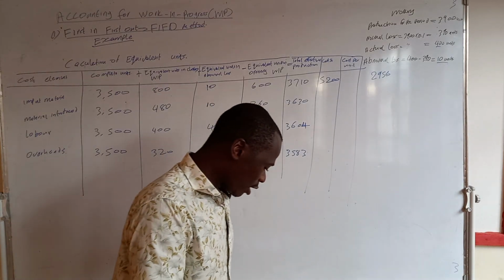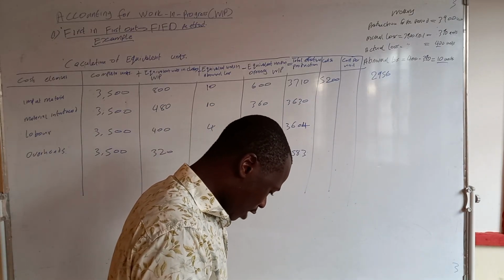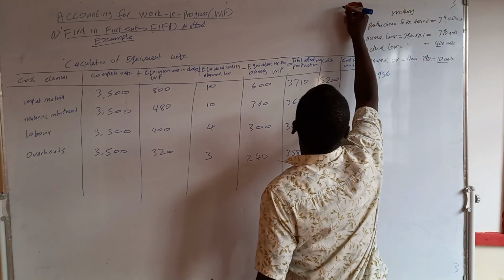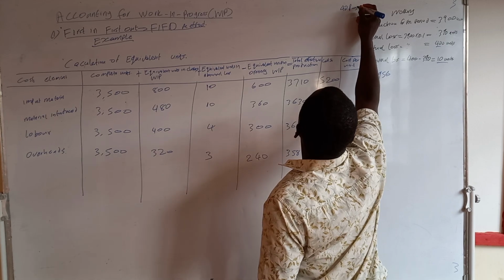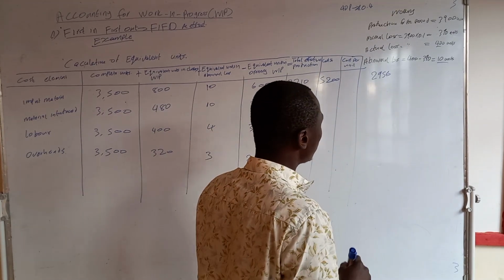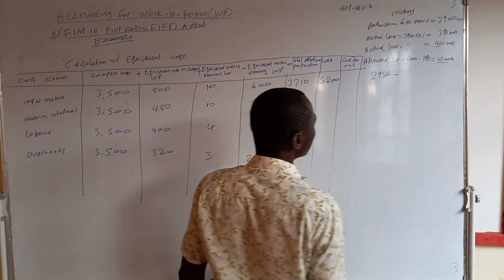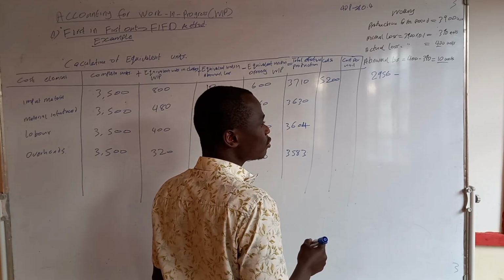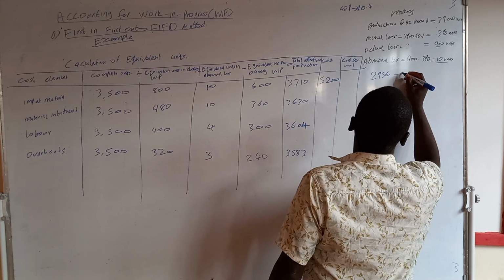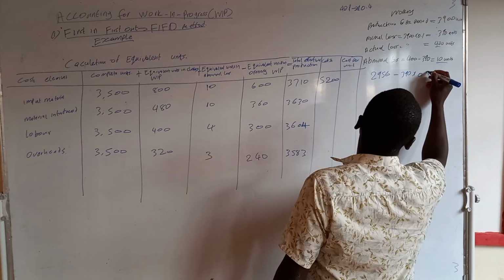Here our loss was sold. At what price? The loss was sold at 40 cents, which is equivalent to shillings 0.4. So our losses will be 90 times 0.4.